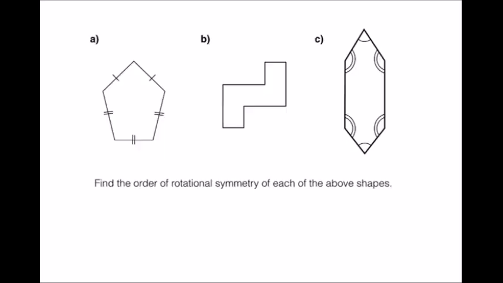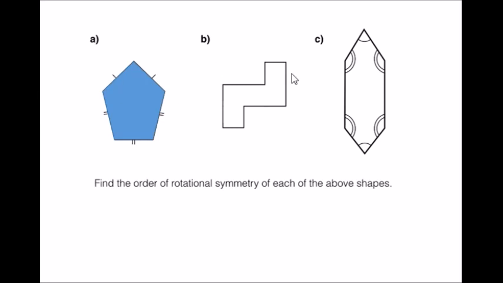If the shapes are irregular, then the order of rotational symmetry is not quite the same. If we have this irregular pentagon, as we rotate it, it doesn't look like its original position at all until it finishes its 360-degree turn. Therefore, it's order 1.